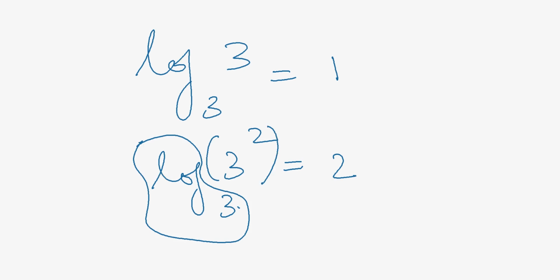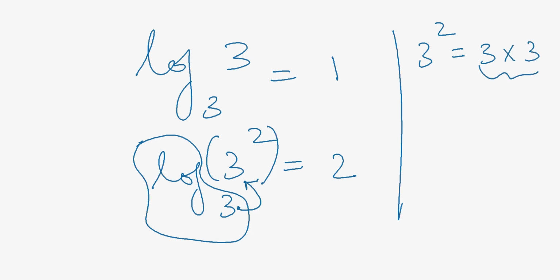The log function is simply asking the base quantity, can you look into this whole operand? How many times can this operand be split into the base times? So 3 squared should be written in terms of the base. This base is used here: 3 times 3. That is what 3 squared is. So this is 2 times. That is the answer coming here.